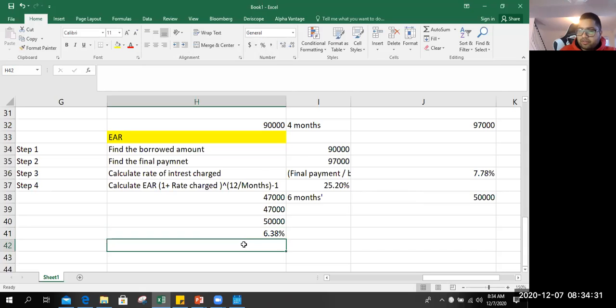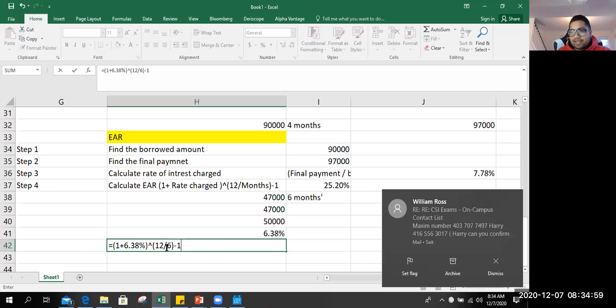Okay, 6.38. Then calculate the effective annual rate. So 1 plus 6.38, to the power 12 by 6.